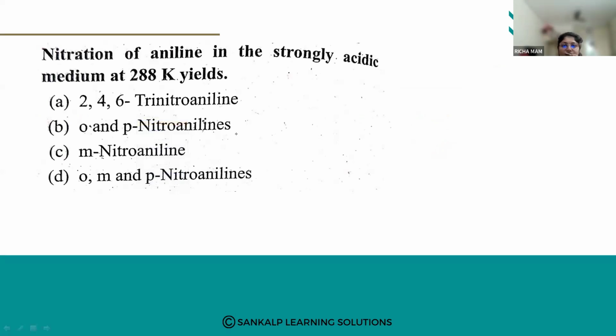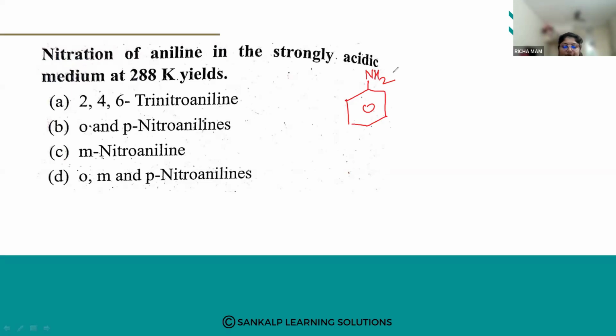Nitration of aniline in the strongly acidic medium at 298 Kelvin yields. When you do the nitration on aniline, let me write the structure. So this is aniline.